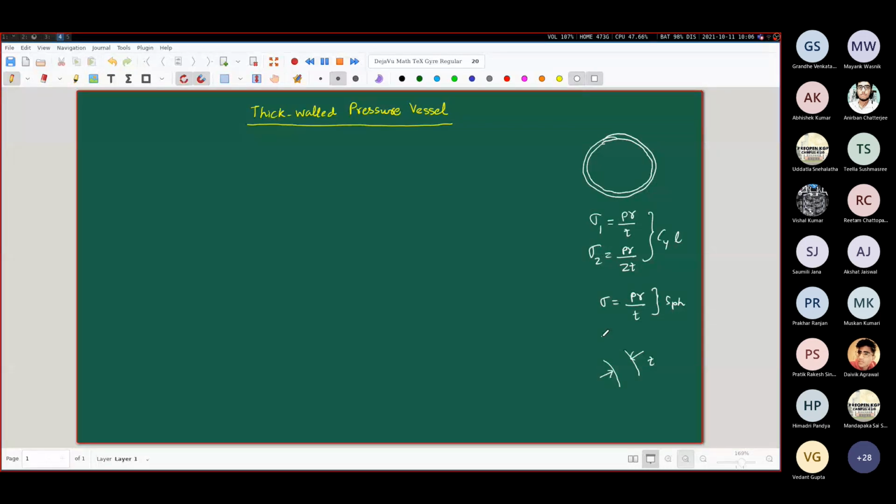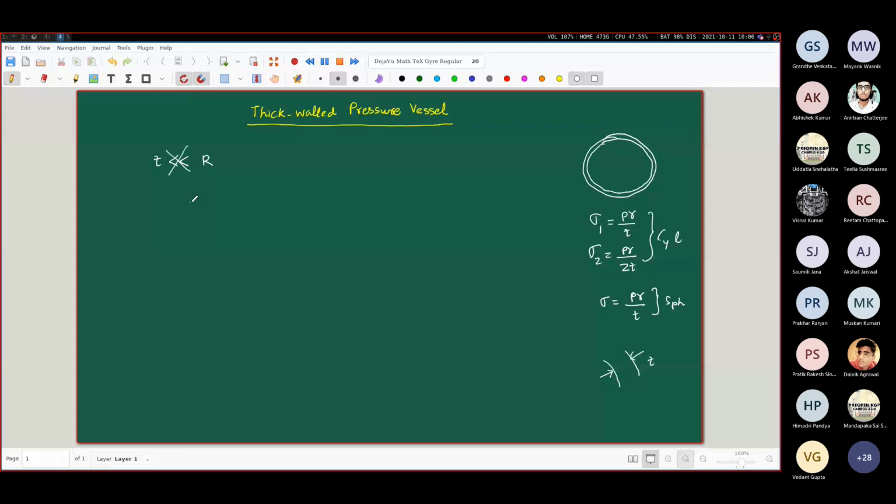But here we want to talk about thick wall pressure vessels, and it is with these thick walls that the difference will lie. So if T, the thickness of the pressure vessel, is not much smaller, earlier we had said that T was much smaller than R. Now you are going to say that this is no longer true.